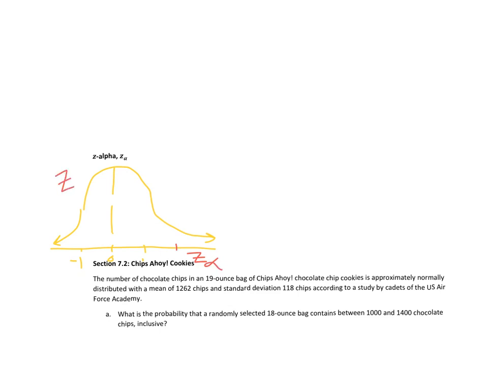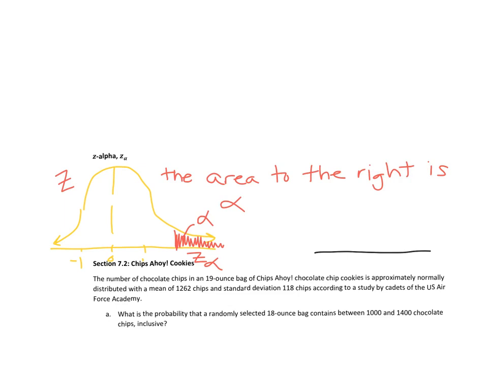So Z alpha, we're thinking area to the right. And the area to the right is alpha.